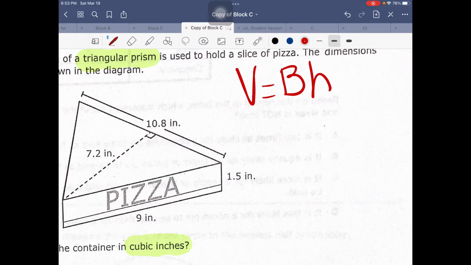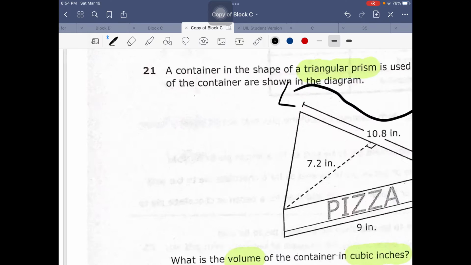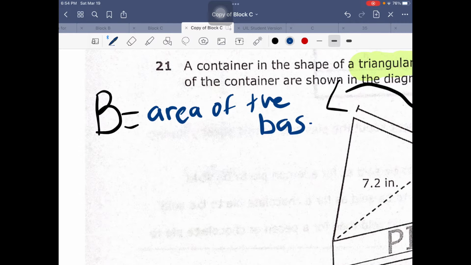Now, how do I find my big B? Well, I'm glad you asked. Big B, you're going to be able to find it in a little bit. What is big B, first of all? Well, big B represents area of the base.